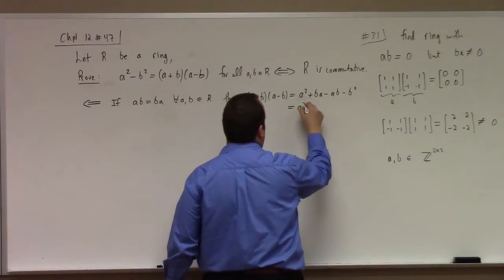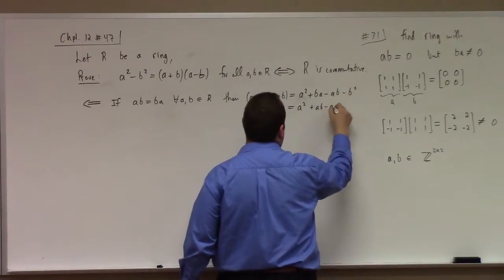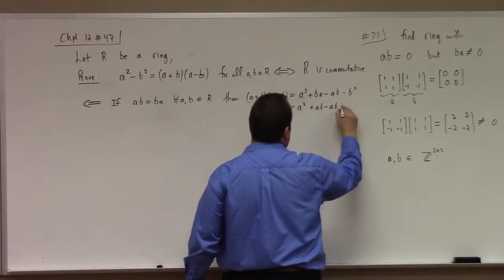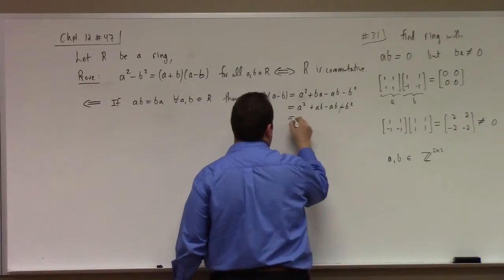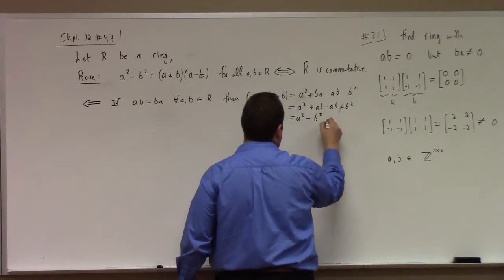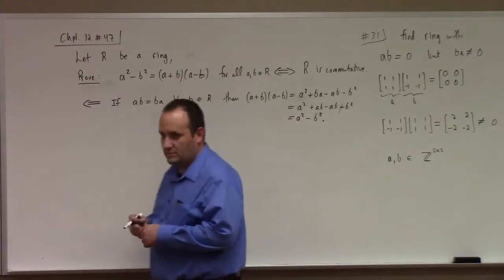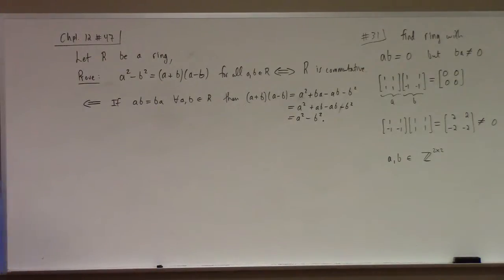Which is equal to a squared plus ab minus ab minus b squared using commutativity, which is equal to a squared minus b squared, right? And that's true for all a, b.